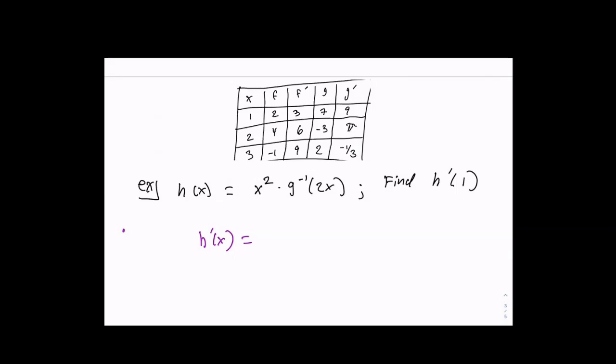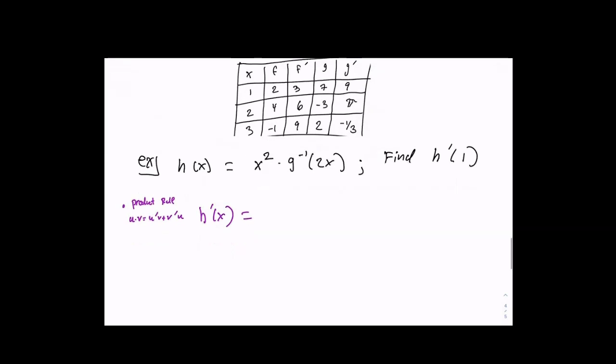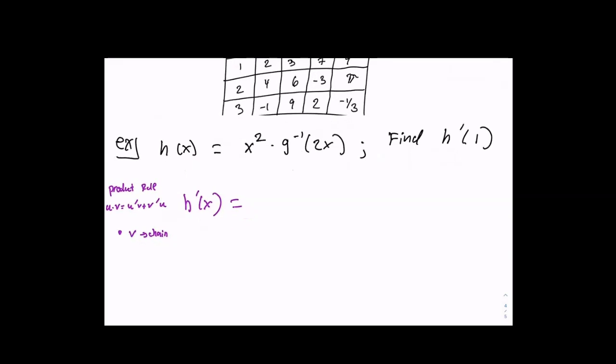Before that, it's the product rule. u times v equals u prime v plus v prime u, and then I need to note that v is a chain rule. So this has product rule and chain rule built into it.